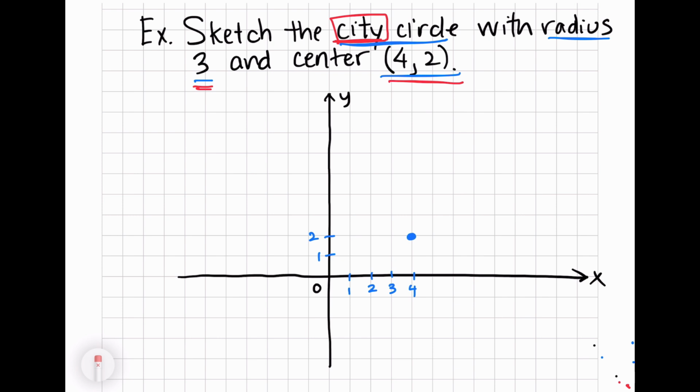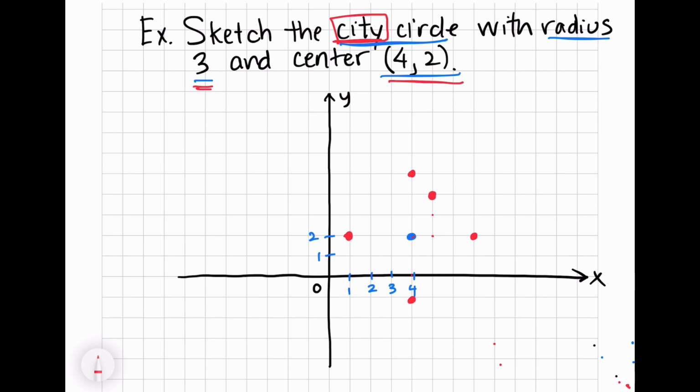Remember, in city distance, we have to travel along the blocks in the city. This point here is a distance of 3 from my center, going out this direction I have 1, 2, 3. So is this point, and this one. These points are going to be on my city circle. If I start at the center and go out 1, 2, 3, this point will be on the city circle.